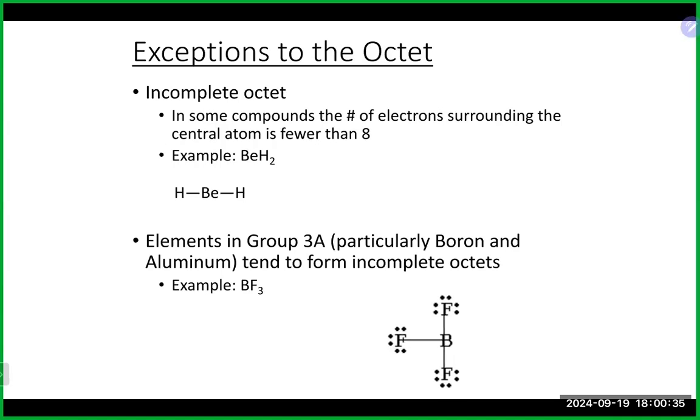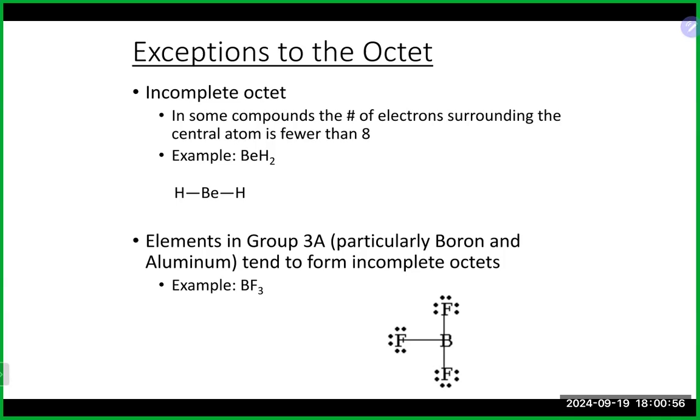Much like the name implies, it will have less than 8 electrons, and they're perfectly okay with that. Typically, beryllium, aluminum, and boron are your 3 that will do the incomplete octet type of deal. You're sort of deficient in electrons.